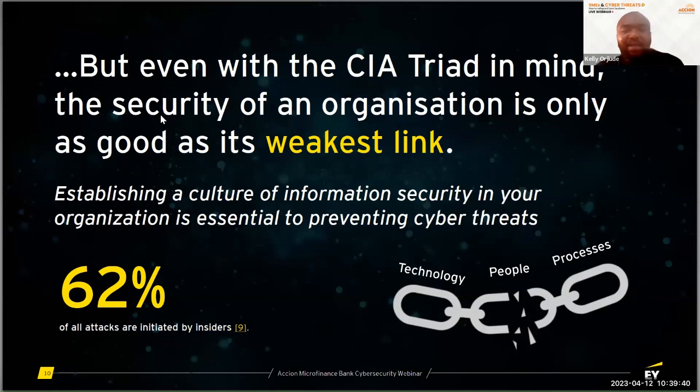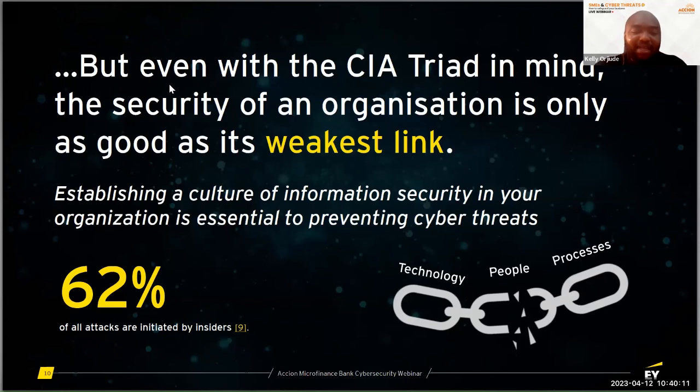But then, with this CIA triad, as we call it, confidentiality, integrity, and availability, with that in mind, there is still a problem, okay? And the problem is us, the people, okay? The security of any company or small business is as good as its weakest link. And in security, they said the weakest link is humans, human beings, okay?